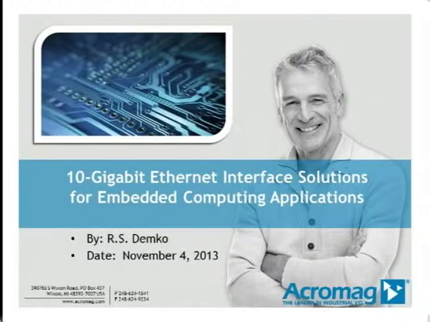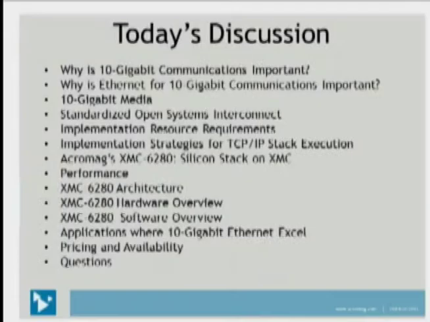As I mentioned a moment ago, the title is here so that you can see: 10 gigabit Ethernet interface solutions for embedded computing applications. Today's discussion is going to have a number of different parts to it. We're going to be talking about why Ethernet, specifically for 10 gigabit Ethernet communications, is important.